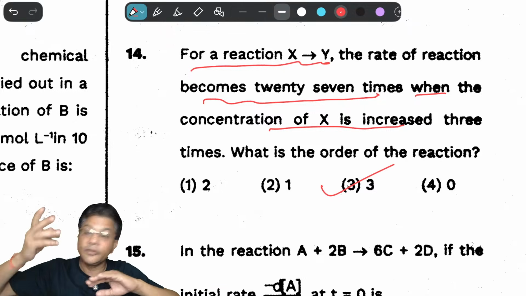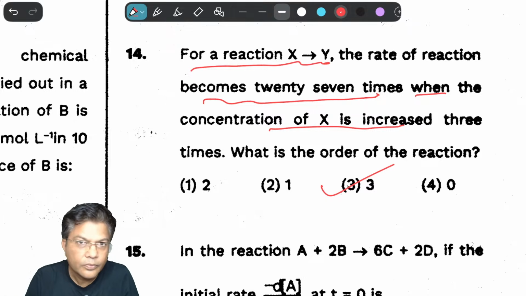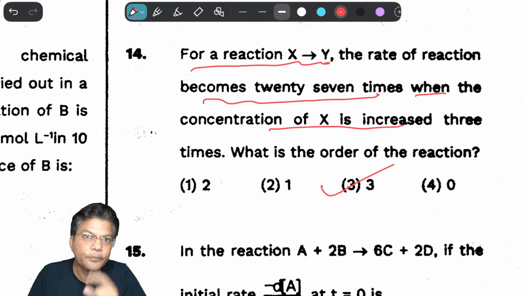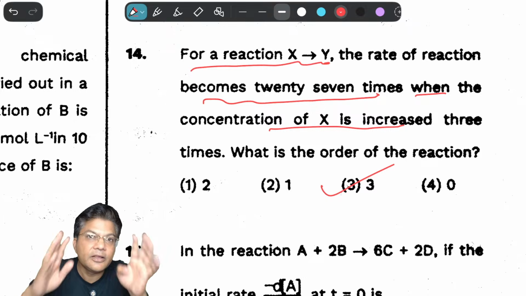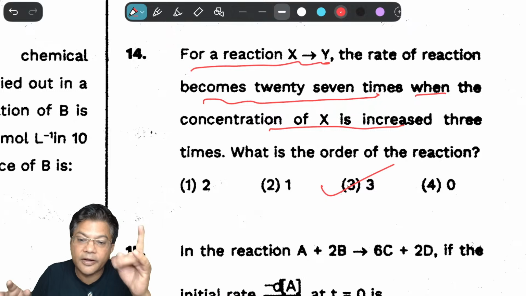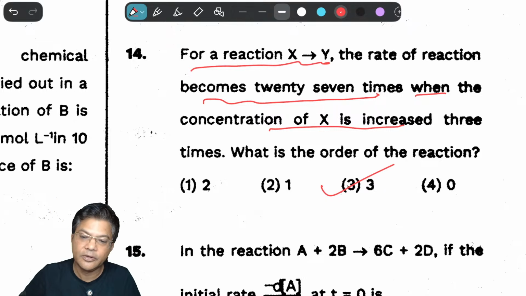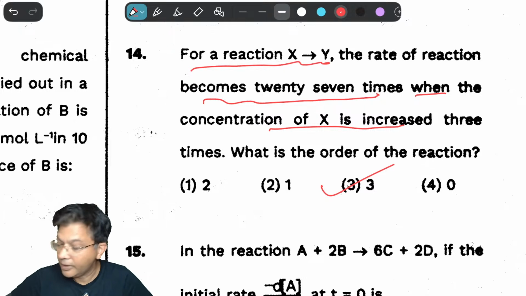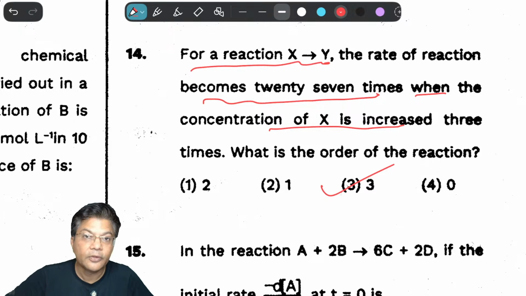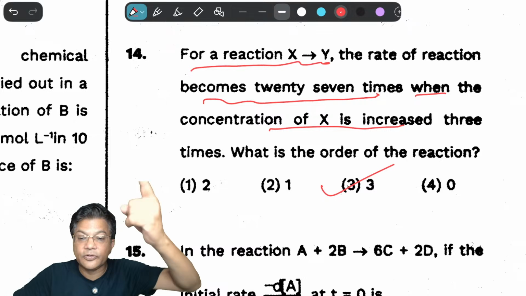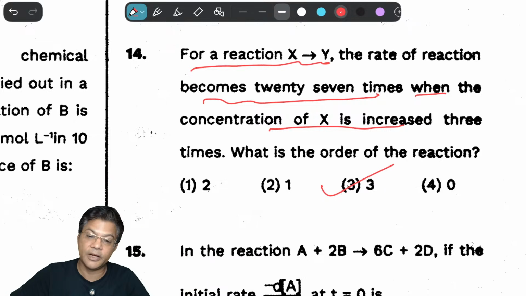If the power is 2 and you increase the concentration 3 times, then the rate will become the square of 3, 3 times 3 is 9 times. Now if the power is 3, 3 times 3 is 9, and 9 times 3 is 27. Everyone, are you getting my point?